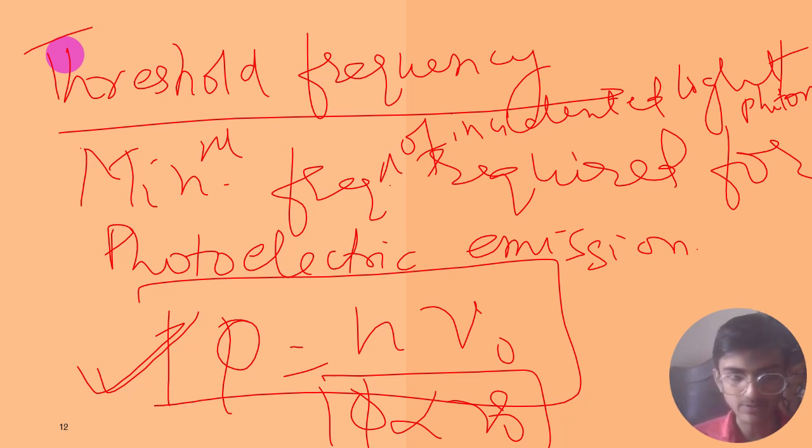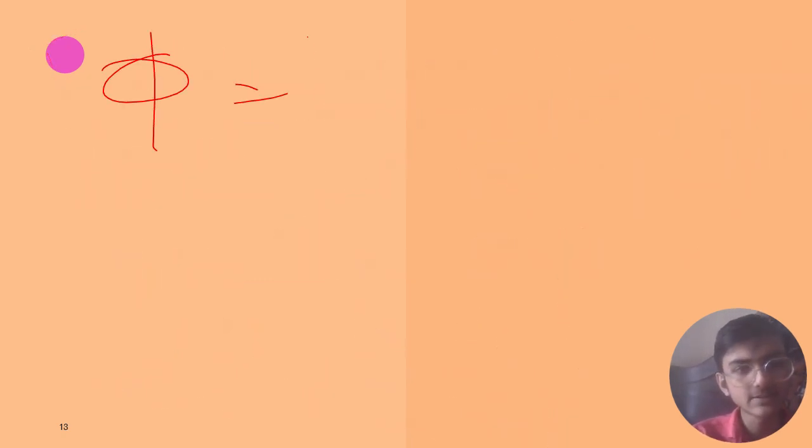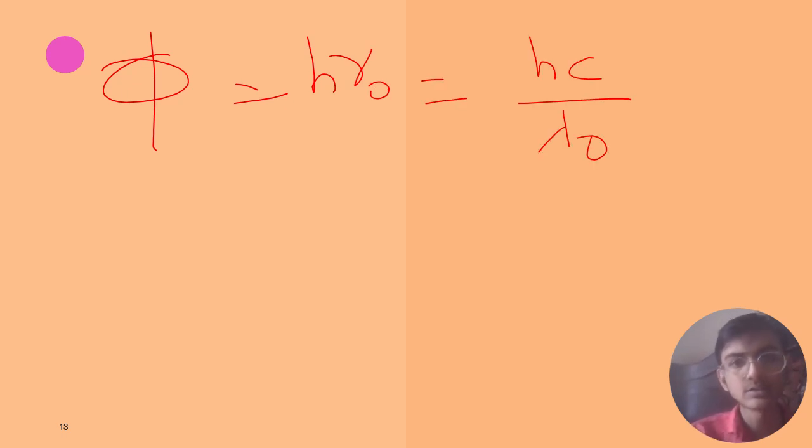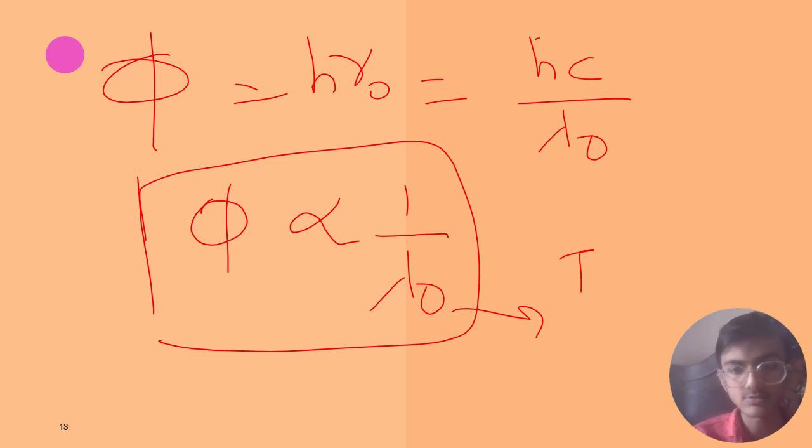That minimum frequency is called the threshold frequency, denoted by nu naught. Okay, again we can write this phi as h nu naught, and also we can write it as hc by lambda naught. Now again h and c are both constants, so we can write this phi as inversely proportional to lambda naught, and this lambda naught is called the threshold wavelength.